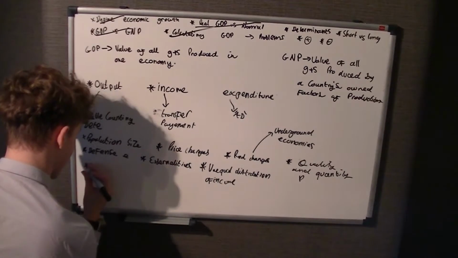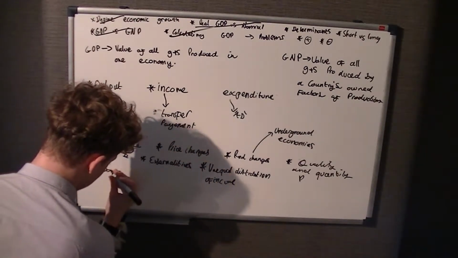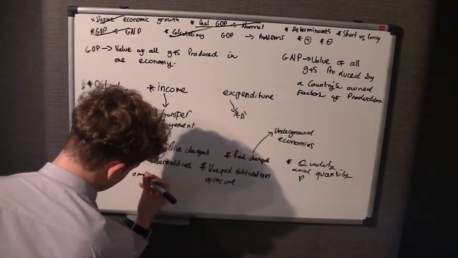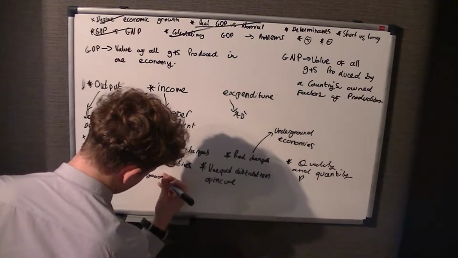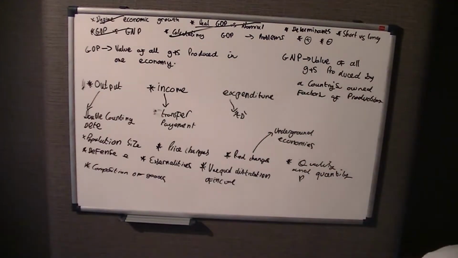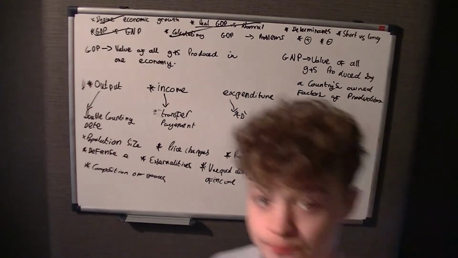And then we have composition of goods. Now for an economy to grow in the long term, there are two types of goods that we can produce.